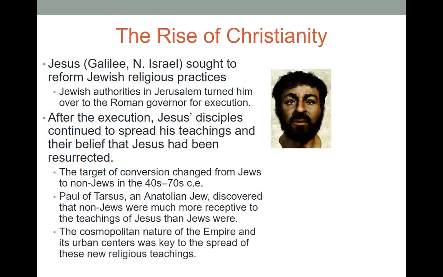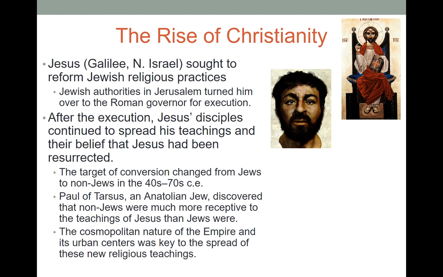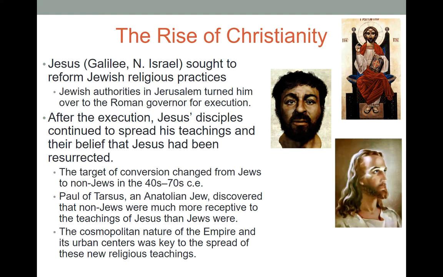So what we have here is an actual reconstruction using some DNA, and then basically this is what historians believe that Jesus looked like. And these are some of the earliest images of Jesus.